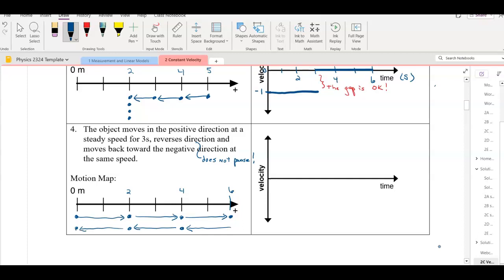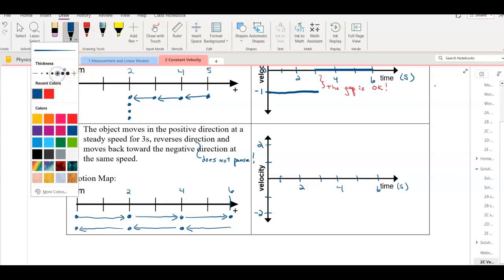Okay, so let's see here. So now I need to show a positive velocity of 2 meters per second and a negative velocity of negative 2 meters per second.